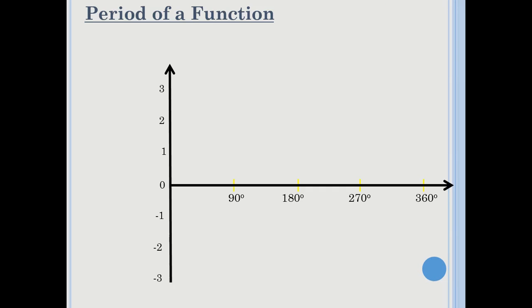So let's have a look at how that measures up visually. Again, let's draw in y equals sine x. We've said already that when we get to x equals 360, it would start to repeat itself again.